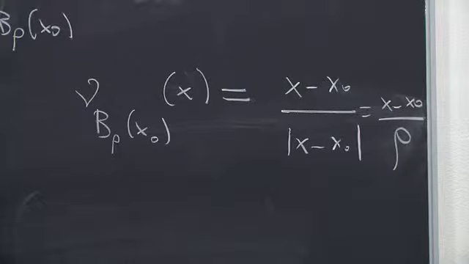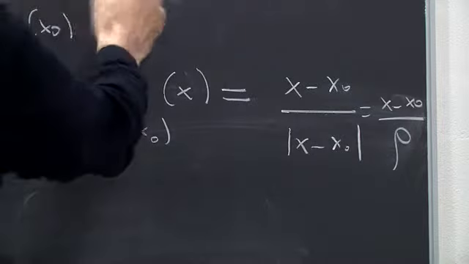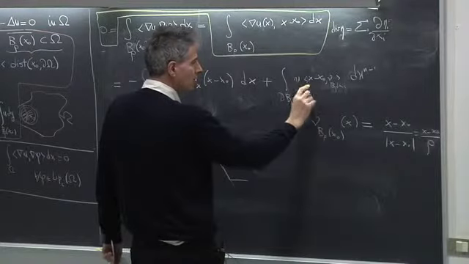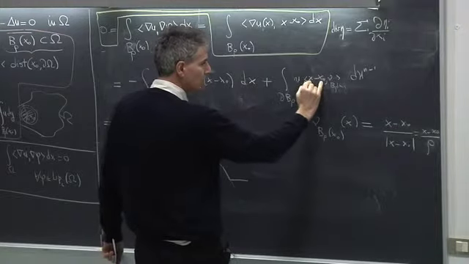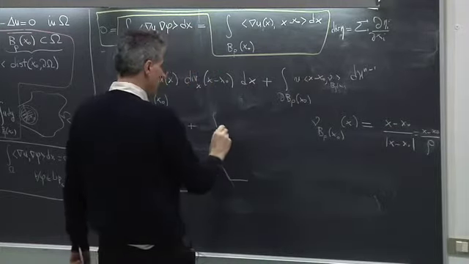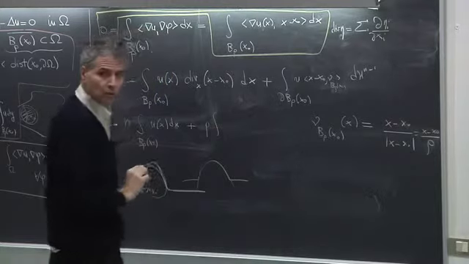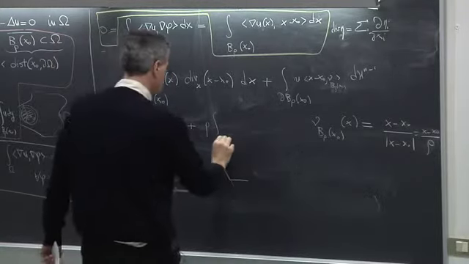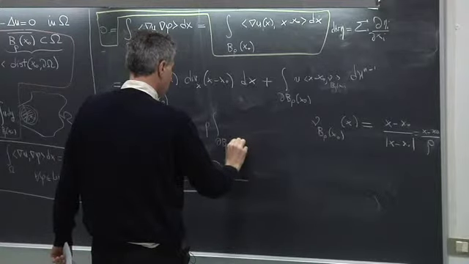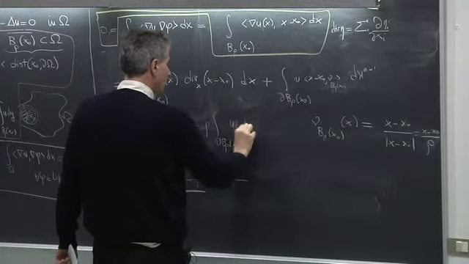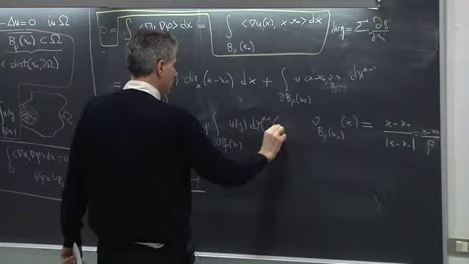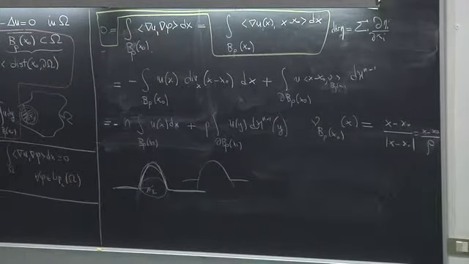So this is the unit normal, and therefore the scalar product between this and this is just rho. Rho, and then u of y. Is it okay?